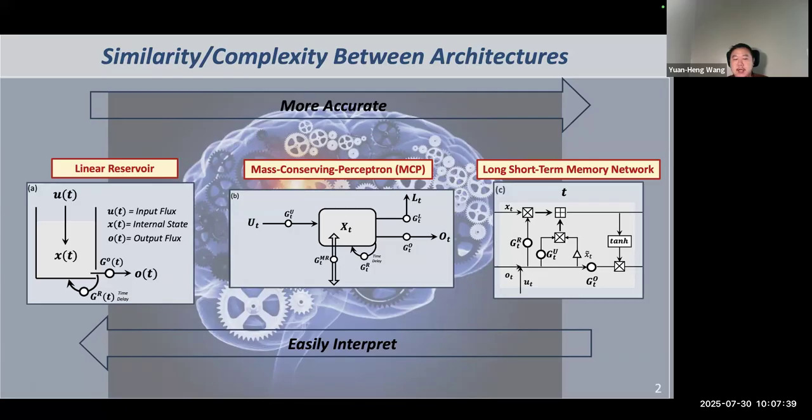The simplest MCP architecture has mainly three gating functions: the output gate GO, the loss gate GL, and a remember gate GR. Our goal is to propose something like MCP, which is more interpretable than machine learning-based models such as LSTM, and also more accurate than physics-based models such as the linear reservoir or other hydrological models.